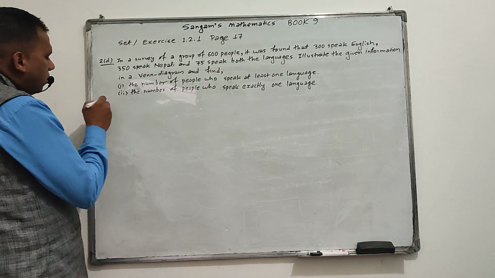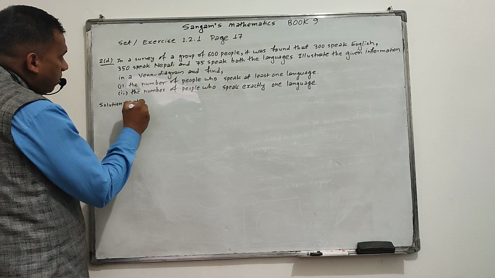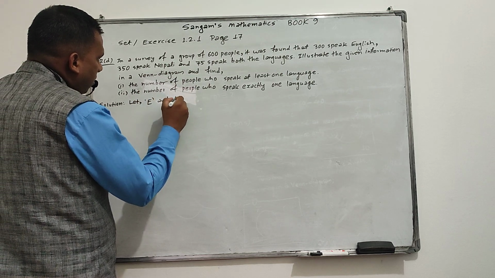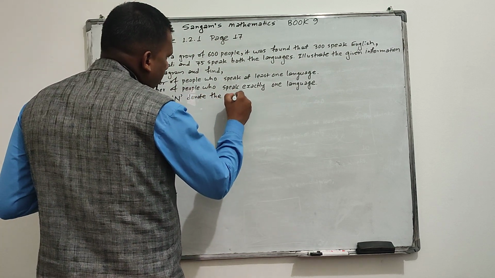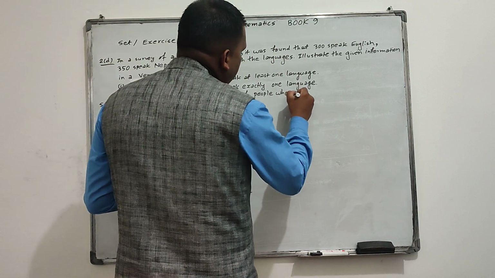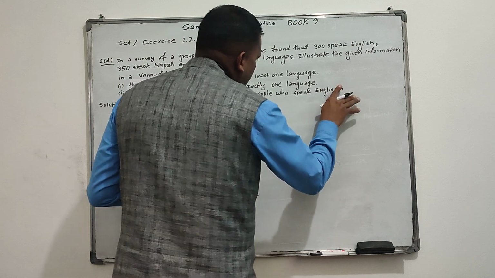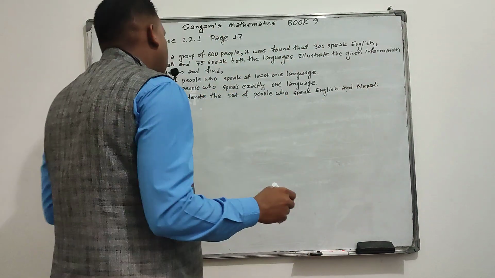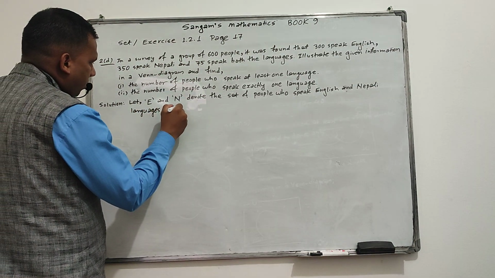Now let us do its solution. Let E and N denote the set of people who speak English and Nepali language respectively.